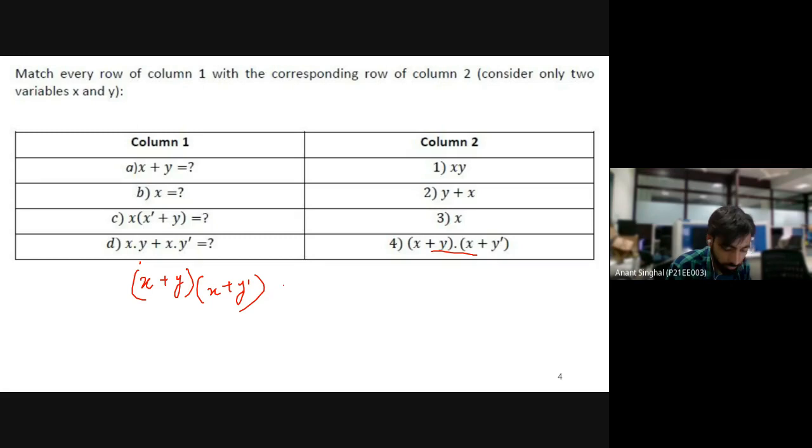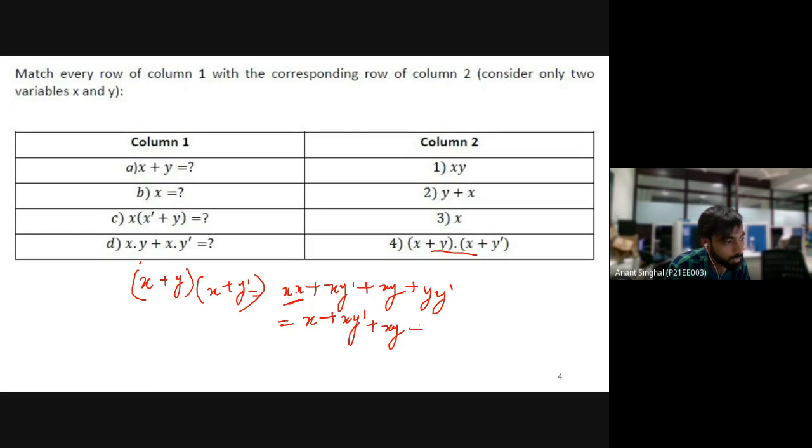If I open it, it will be x plus x y bar plus x y plus y bar. We have just studied that if we multiply a variable with itself, it gives the same variable, so the first term is x. And similarly y bar plus xy plus y bar. If we multiply any variable with its complement, it will be 0. So it is 0.